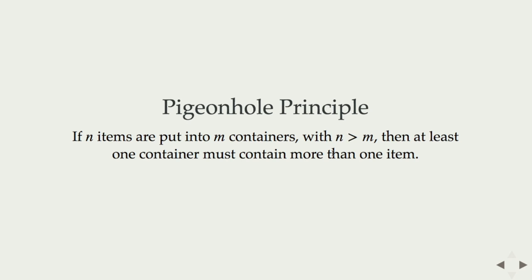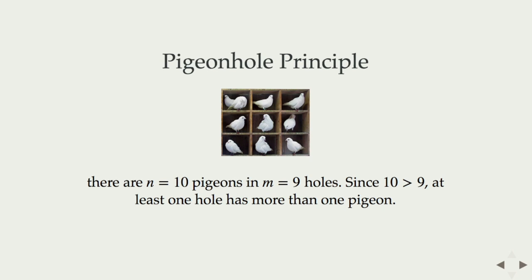If each container held only one item, the total would be at most m, less than n. So this is very intuitive. In this picture, I only have 9 holes but I have 10 pigeons, so at least one hole has to have 2 pigeons.